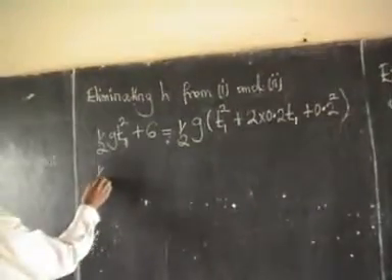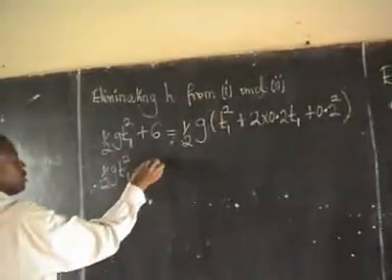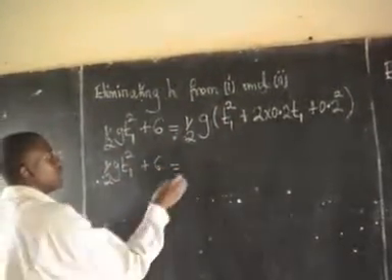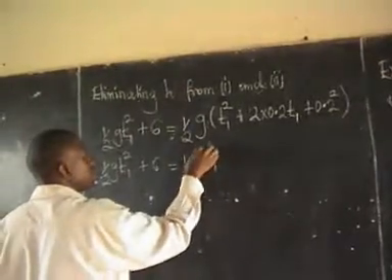So we shall get a half g t1 squared plus 6 is equal to a half g t1 squared.